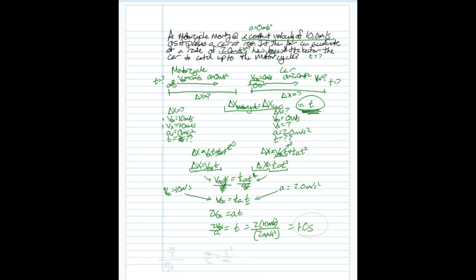Just a quick note on the unit. We have meters per second divided by meters per second squared. Dividing by a fraction, meters over second, is the same as multiplying by the inverse. Meters cancel, second cancels with one of those, and we're left with just 10 seconds as our final answer.